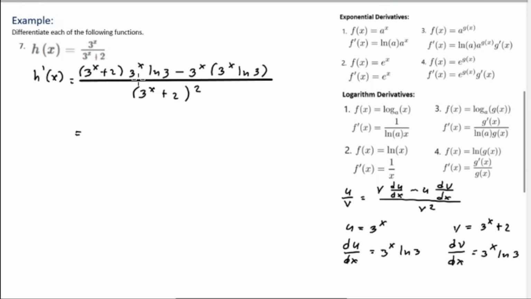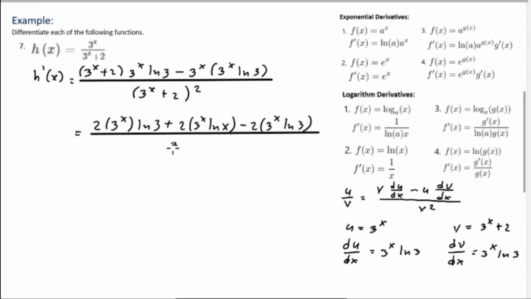squared. 3 to the x times 3 to the x times ln of 3, plus twice 3 to the x times ln of 3, or this is 2 times 3 to the x ln of 3, and then minus 3 to the x times 3 to the x times ln of 3, and we divide by 3 to the x plus 2 squared.